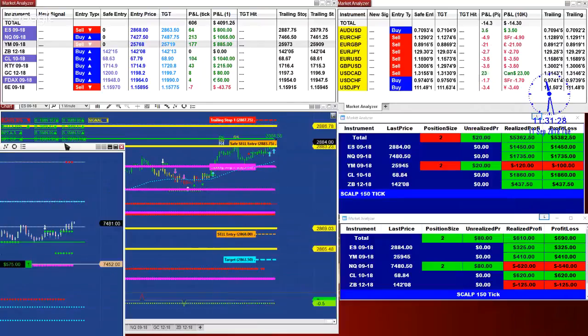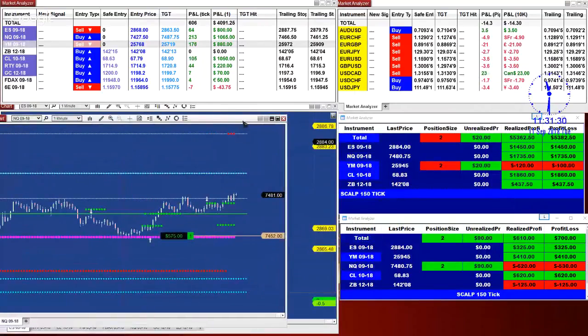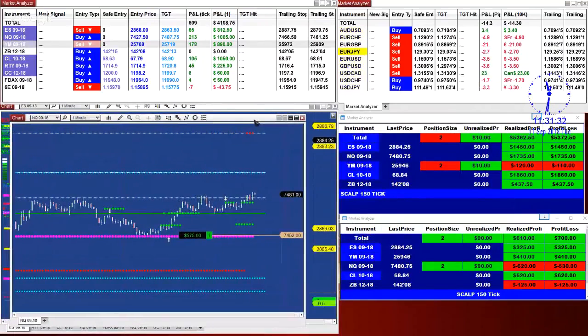So, I think I will be using the NT7 till the last day. NinjaTrader provide NT7.